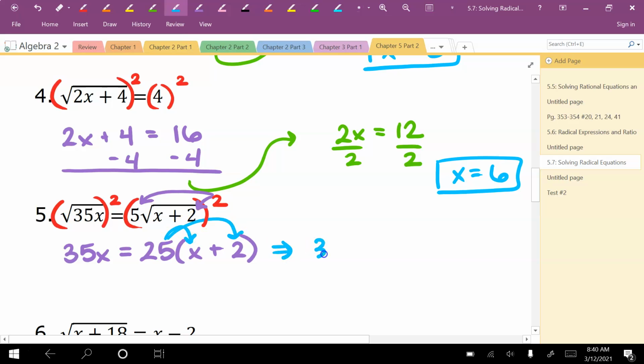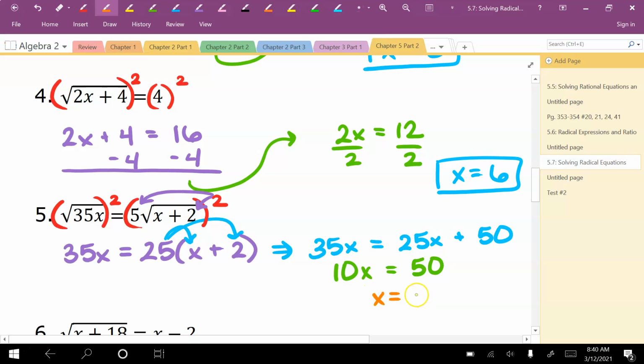So I'm going to have 35x equals 25x plus 50. Okay, if I subtract 25x from 35x, that's going to just leave me with a 10x. So I have 10x equals 50. So what is x going to equal for this one? 5.